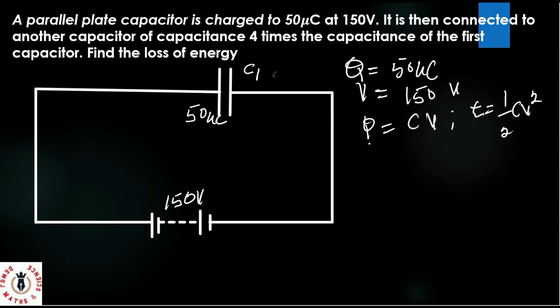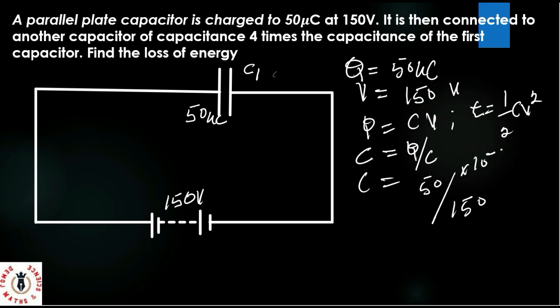So if Q equals CV, then C will be the same thing as Q over V. So my Q in this combination is 50 times 10 raised to power minus 6, divided by 150. So my C will be 1 over 3 times 10 raised to power minus 6 farad.